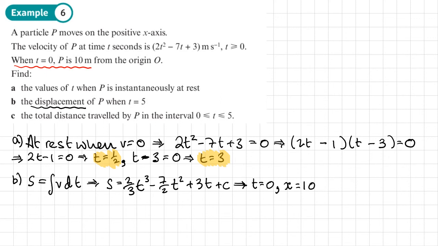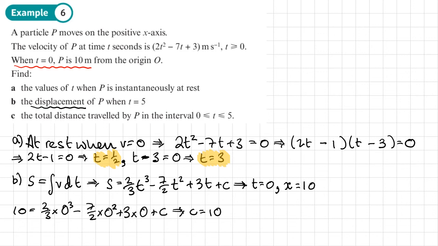We'll substitute that in, so we'll have 10 is equal to 2/3 times t cubed, 0 cubed, minus 7 over 2 times 0 squared, plus 3 times 0, that's all handy, plus c, so that should be nice and easy. That gives us that c is 10.